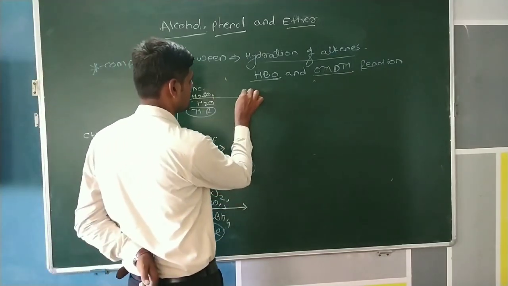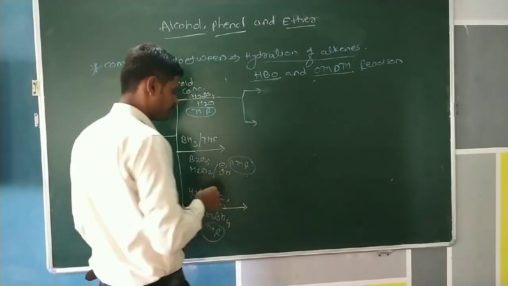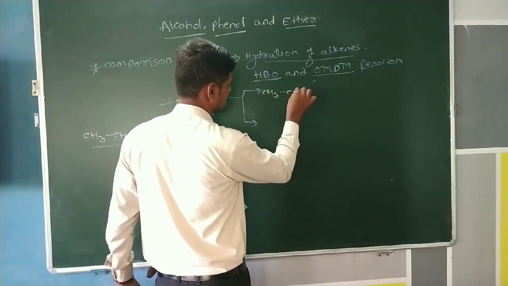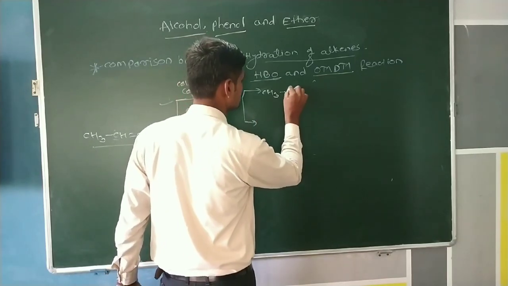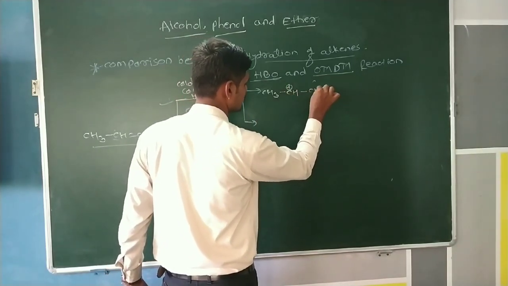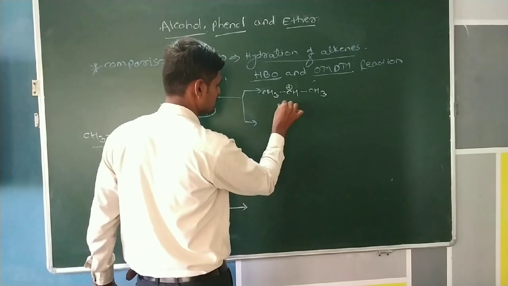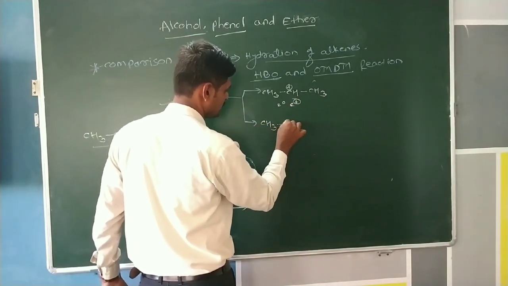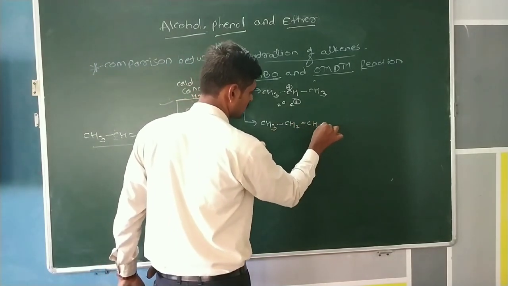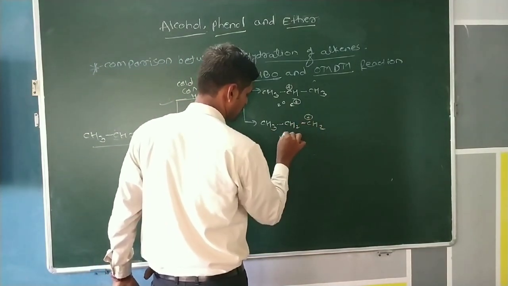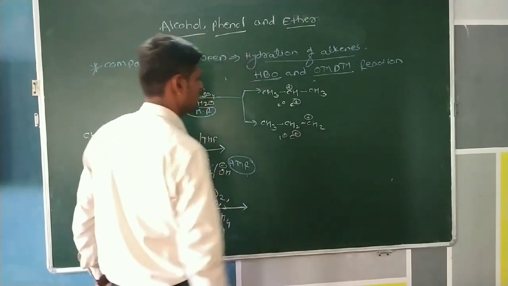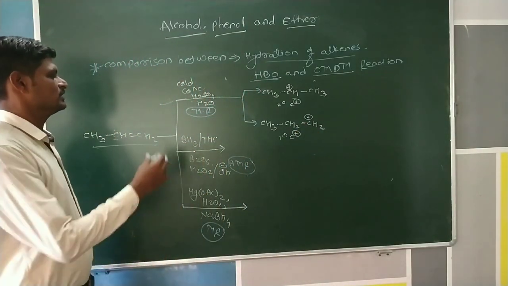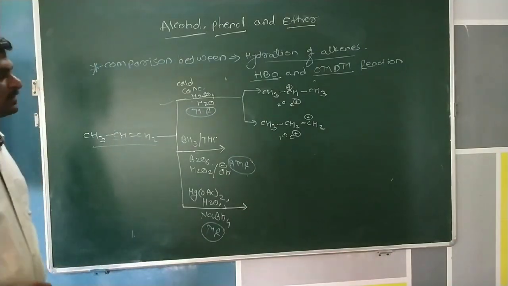This is CH3 CH plus CH3, a secondary carbocation, and this is CH3 CH2 plus, a primary carbocation. One is a secondary carbocation, another one is a primary carbocation.